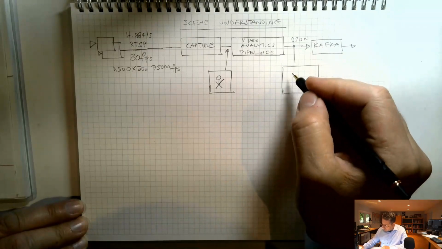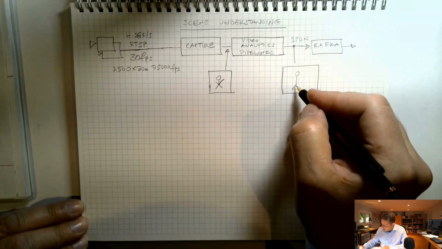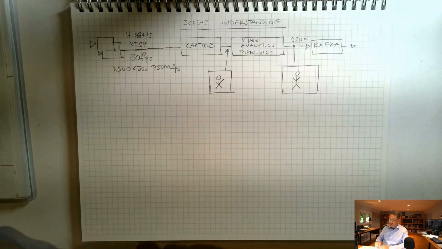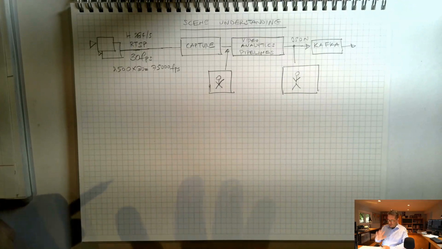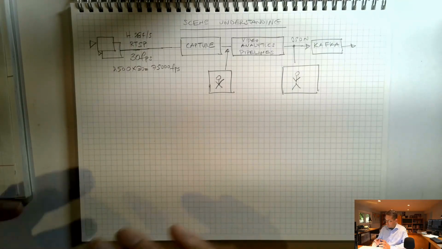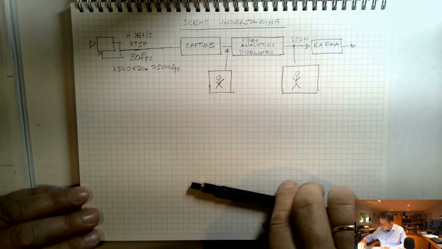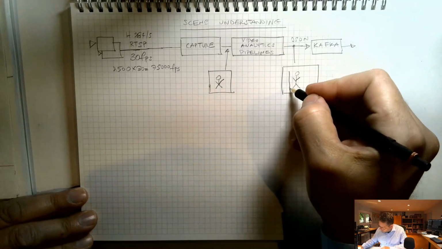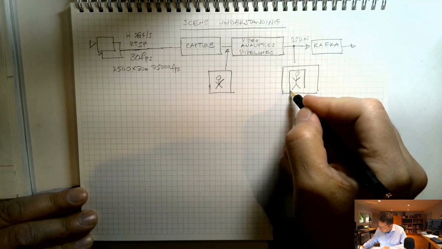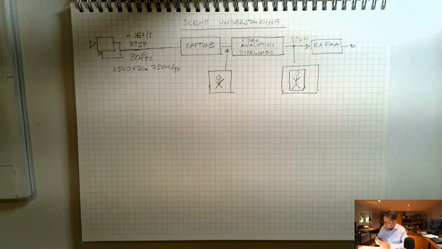The first is, in many applications, we are interested to superpose on the frame the metadata information, let's say, define a bounding box around that person.